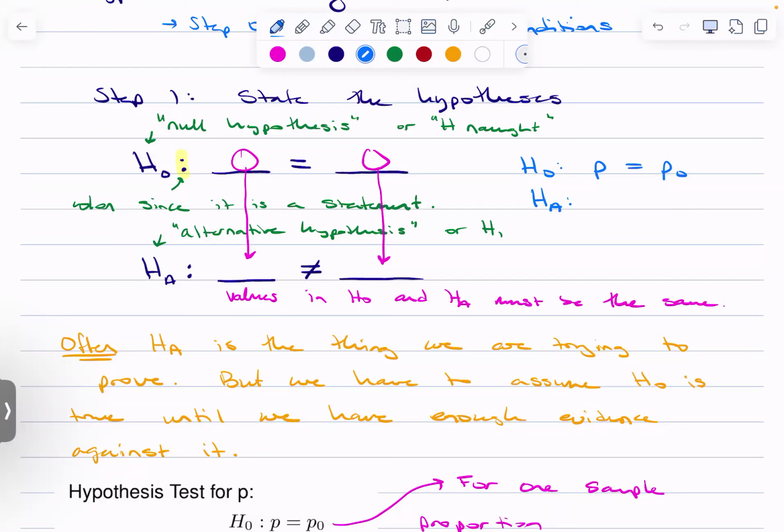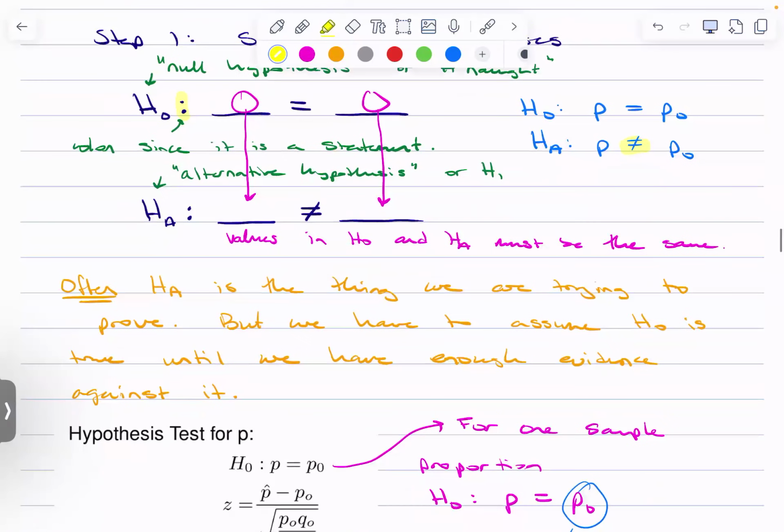That doesn't make sense. And so here, these two things have to be the same. It's kind of redundant to put the alternative hypothesis on your formula sheet because it'll be the same. The only thing that changes is, as a default, that it's not equal to this number. We will be able to say, okay, P is less than P naught, or maybe we're interested in P being greater than P naught. But for now, let's just focus on the not equal to.